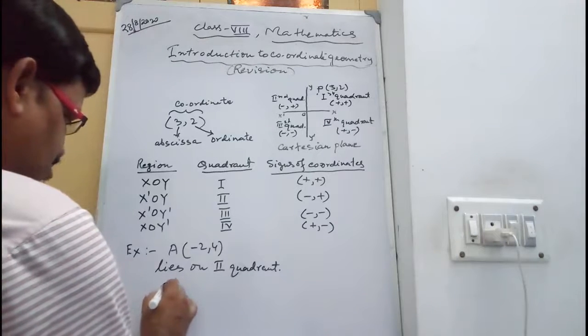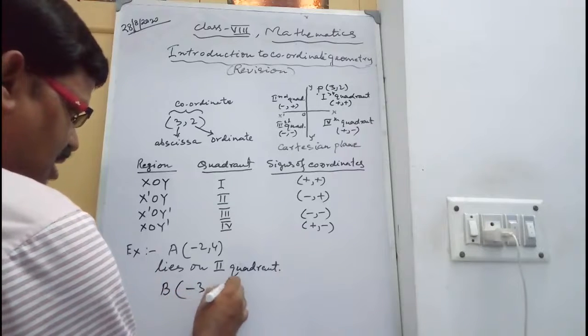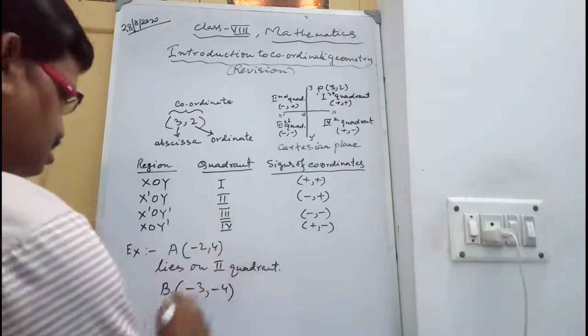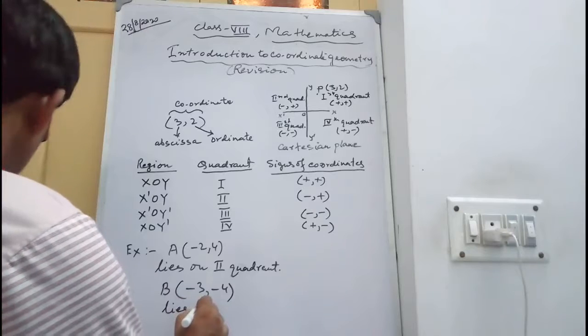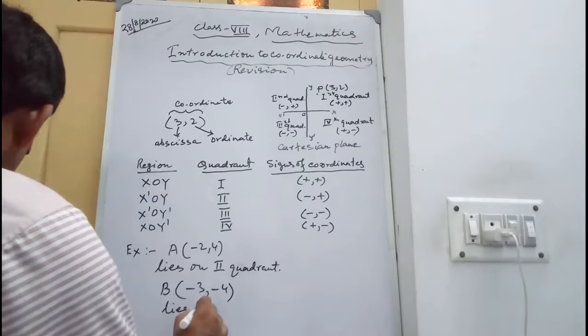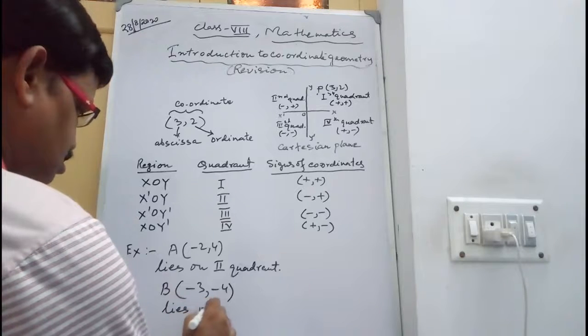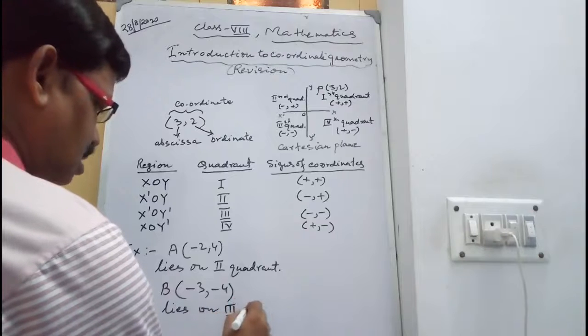Now another example: (-3, -4), both are negative, so it lies in third quadrant.